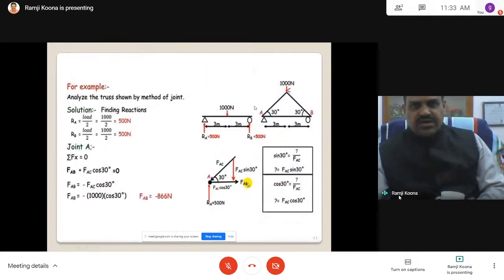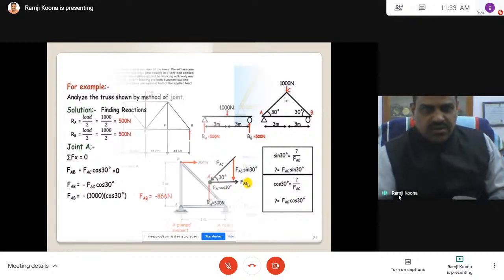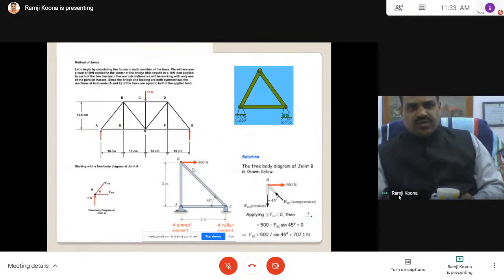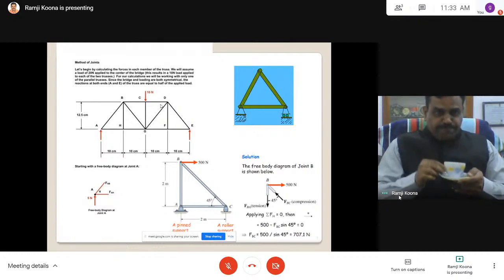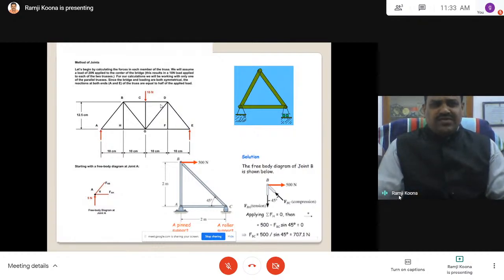Earlier the load was vertical. The direction of the load can be anything. Here the load is horizontal. This is also a perfect truss. If you count the members 1, 2, 3, 4, 5, 6, 7, 8 and substitute, it will satisfy.